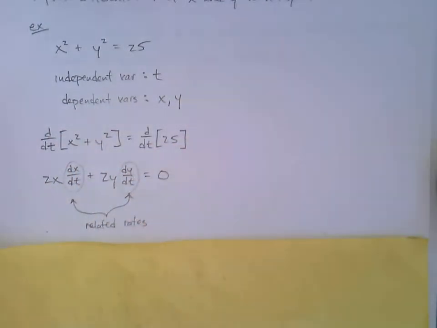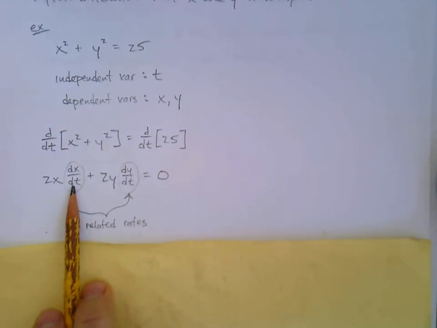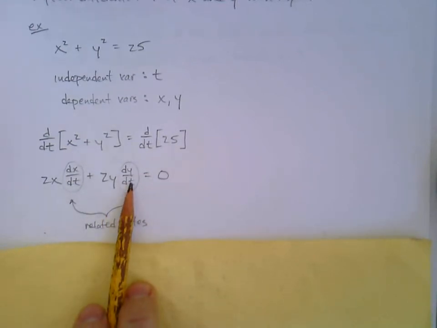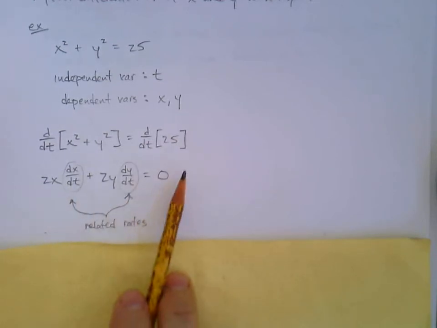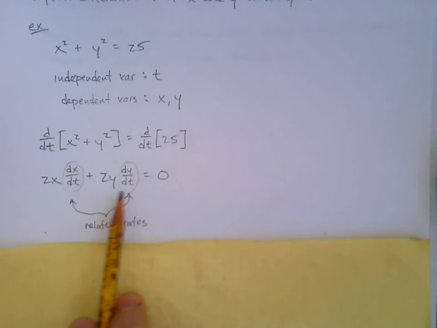Those are both derivatives, and we know derivatives represent an instantaneous rate of change. That's the rate of x with respect to t, and that's the rate of y with respect to t. These two rates are connected in a bigger equation, so we know how they are related to one another. So they're related rates, literally.